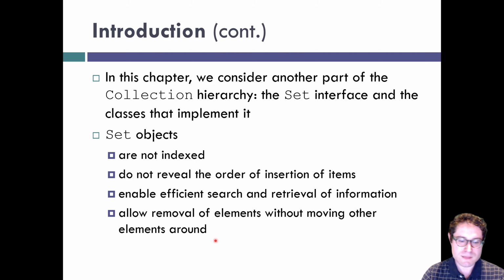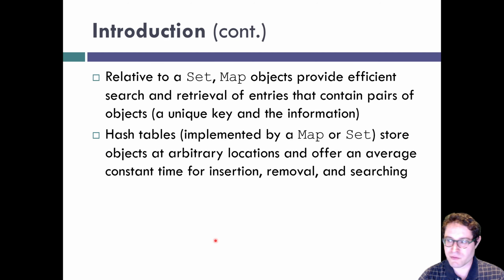So, a set here is, by the way, a mathematical set. So if you remember your union, your intersection, that's what we're talking about here. So maps do key value pairs. Actually, we use them for like three things. One is key value pairs, like associating an identifier like an email address with a value, such as that customer's shopping cart, or your student ID with all the information about you.